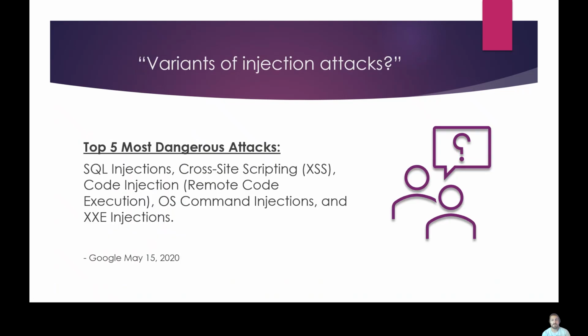What are some variants of injection attacks? Five of the most dangerous types of injection attacks: SQL, cross scripting, code injection. SQL and code injection kind of go hand in hand. And then OS command injections and XXE injections.